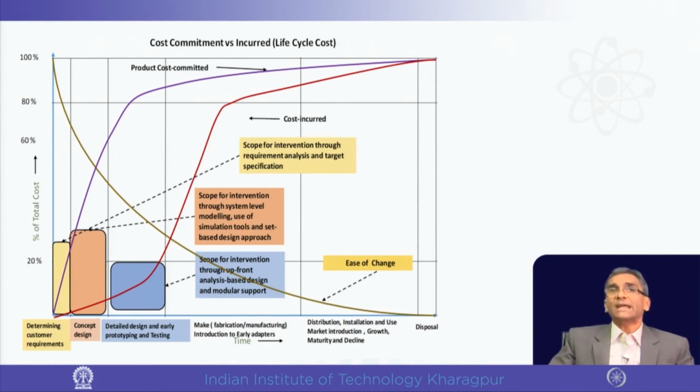If those are tackled in the beginning itself, the rest becomes easier. Similarly, in the detailed design part, there is scope for intervention through upfront analysis based design and modular support.